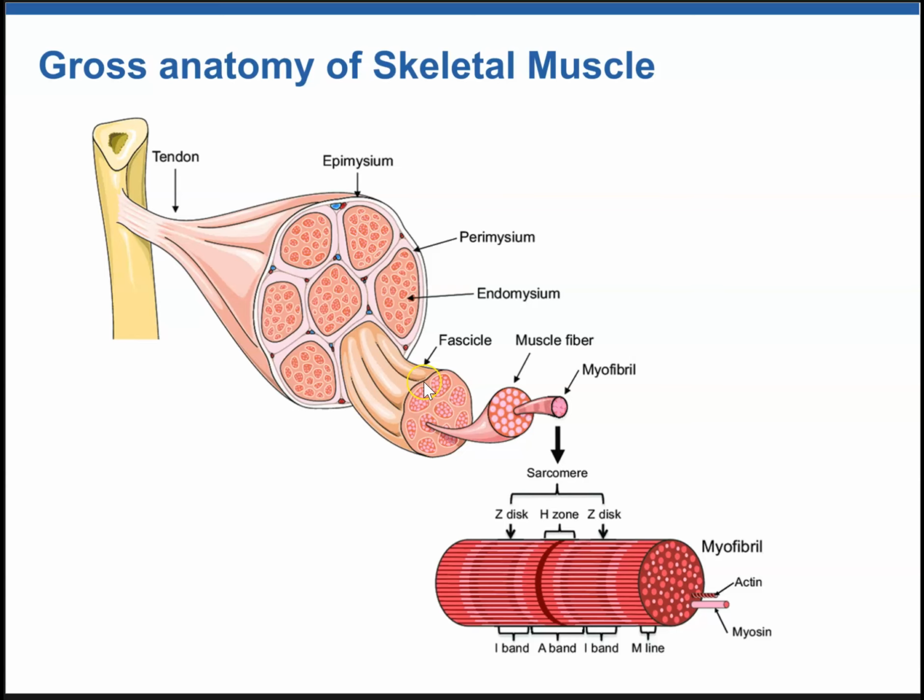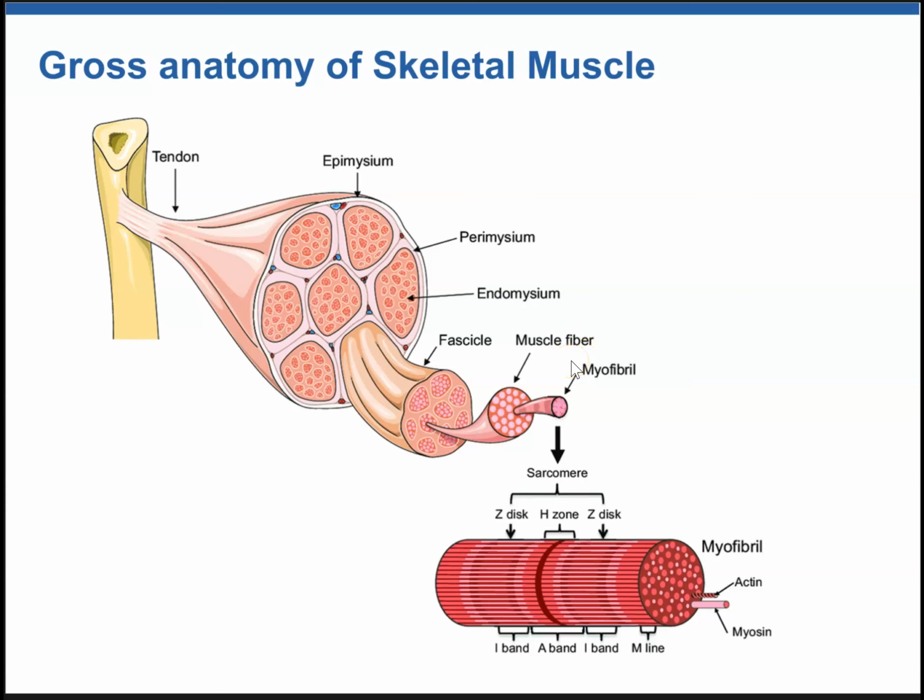A bundle of muscle cells is called a fascicle. So in the fascicle, you have a whole bunch of individual muscle cells. So this single unit that you're looking at right now is called the muscle fiber.